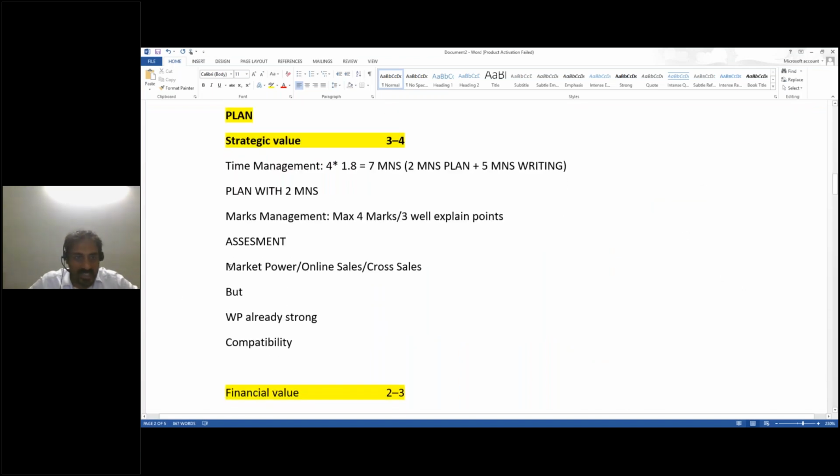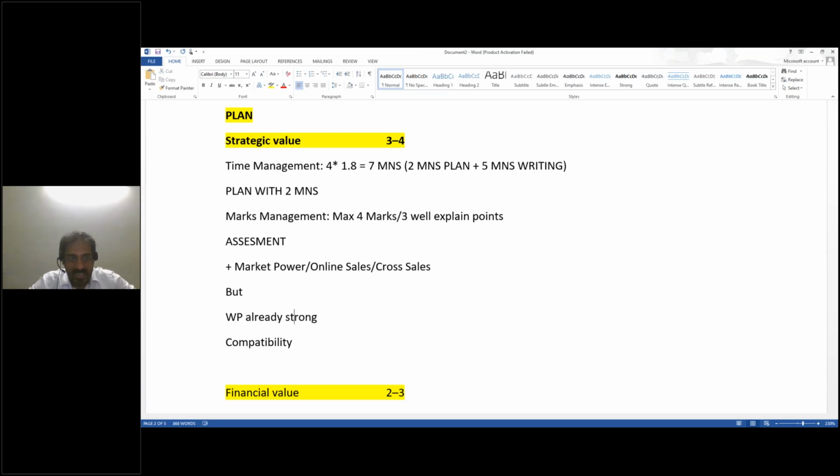Some plus points like market power. Here, the report is about acquiring for strategic fit. So you will get the market power. You will penetrate more with the online sales. You will get the advantage of cross sales. That is the plus point.